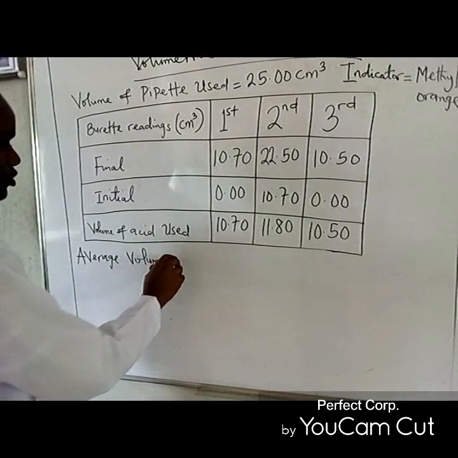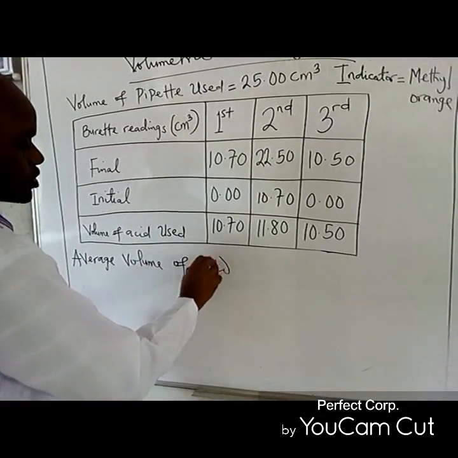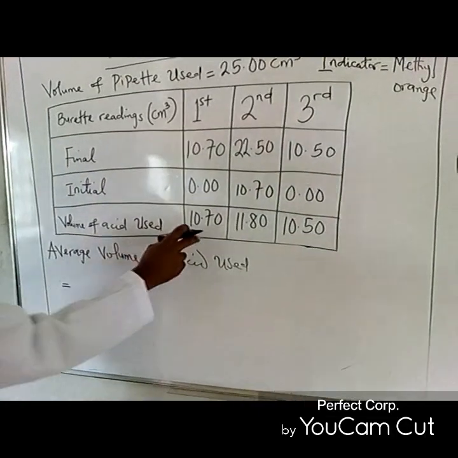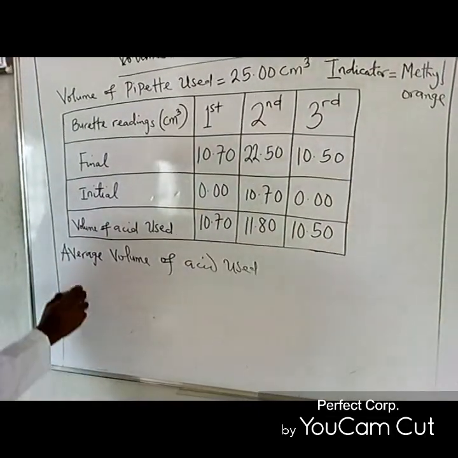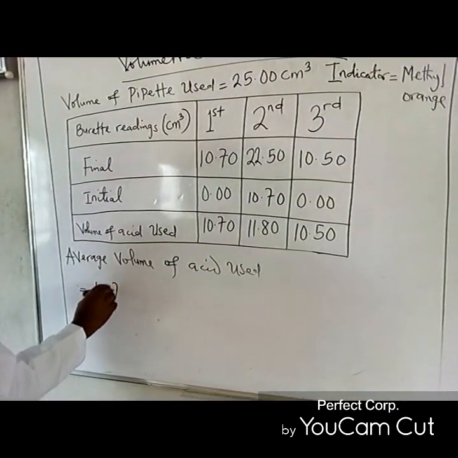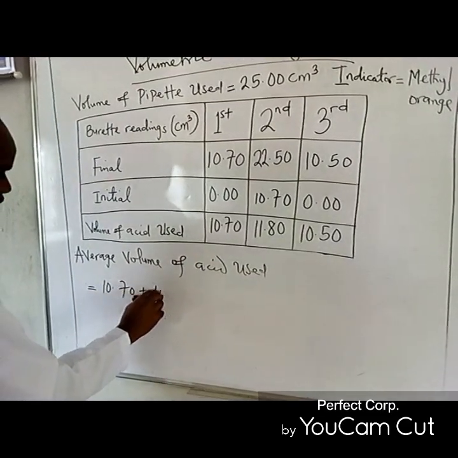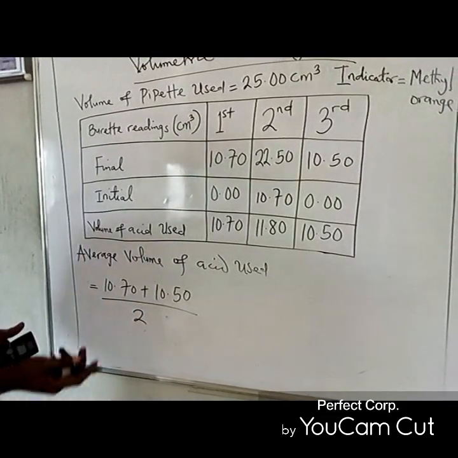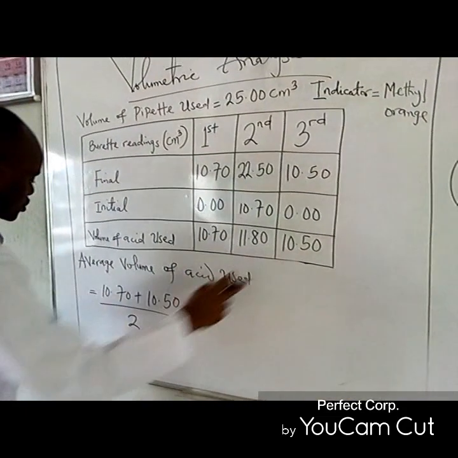Average volume of acid used is equal to, bring out this and this, 10.70 plus 10.50 divided by 2, because there are 2 values, 1, 2, so divided by 2.